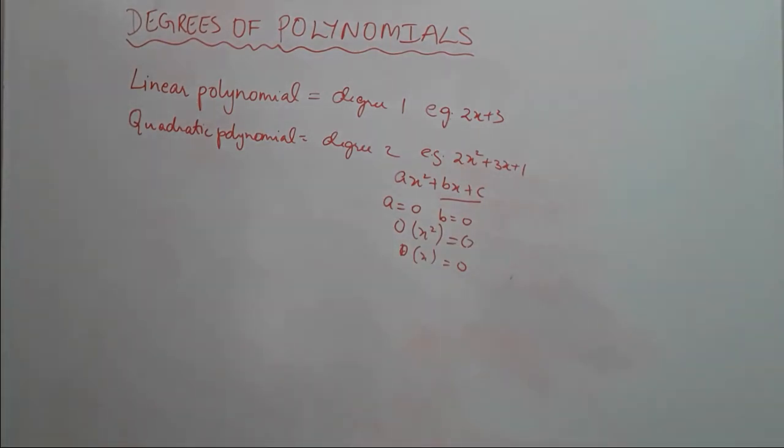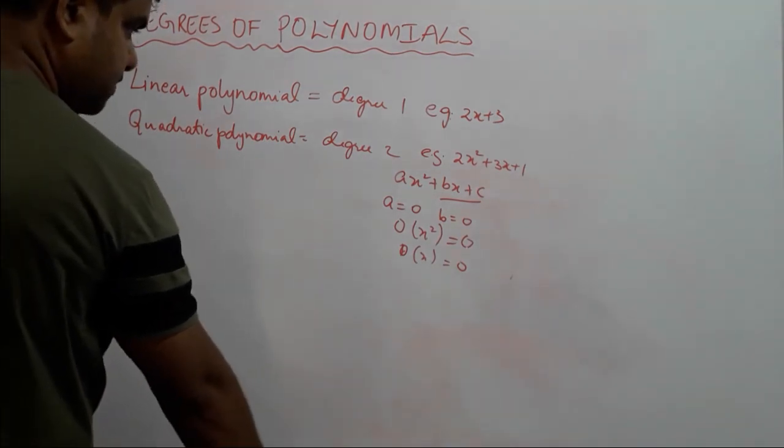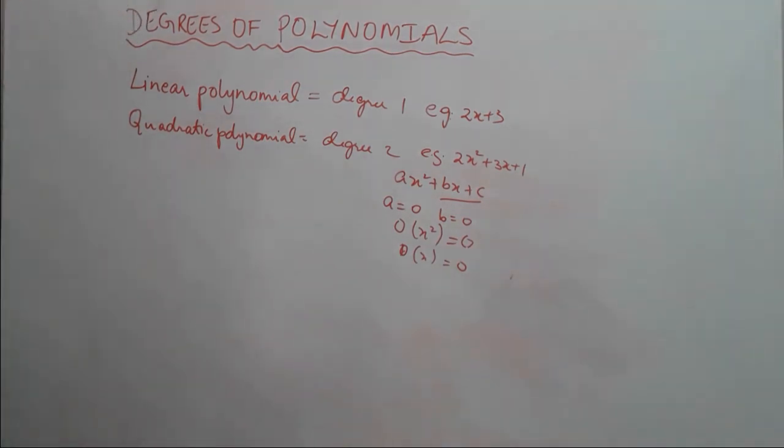That's a constant. It is not a polynomial. To be in polynomial form, it has to be at least this much. So remember, the coefficient of the highest degree should not be equal to 0.